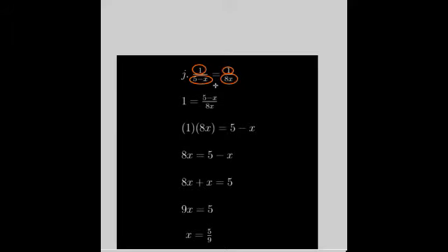The first thing I'm going to do is get rid of this 5 minus x here. So what I propose is that this 5 minus x goes to the opposite side over here. It is 1 divided by 5 minus x. The opposite of divide is times.